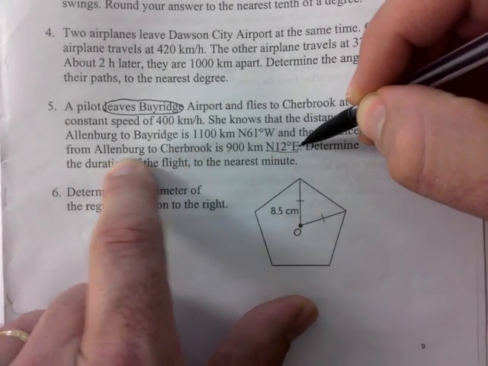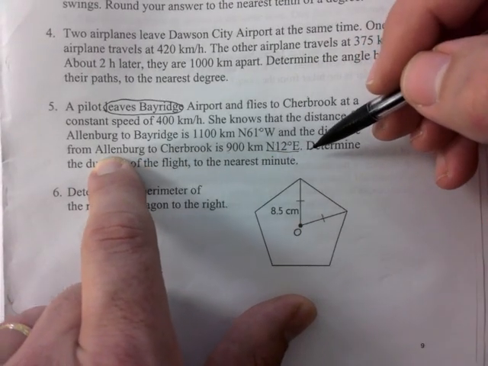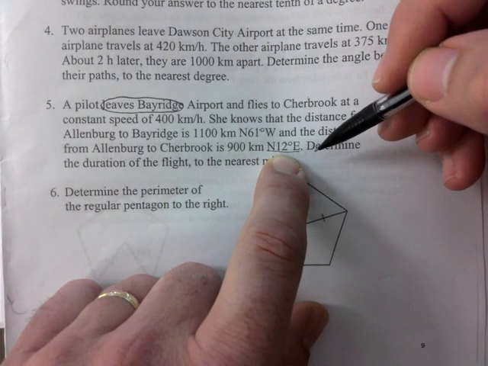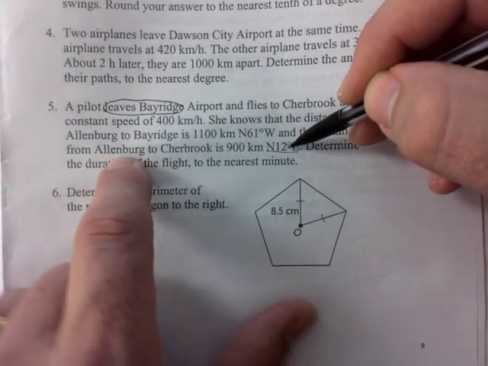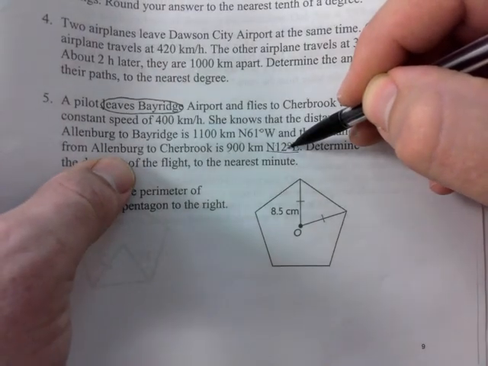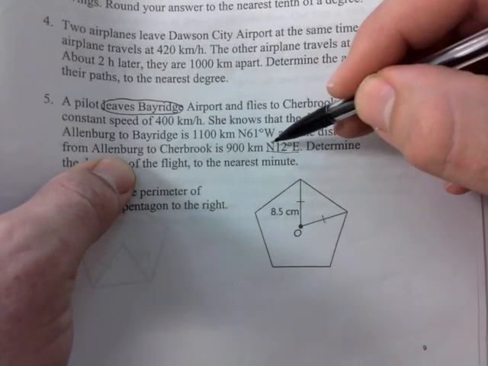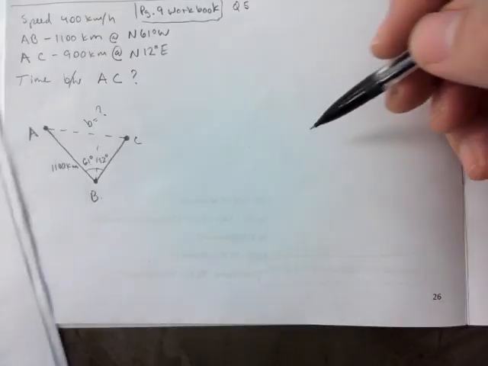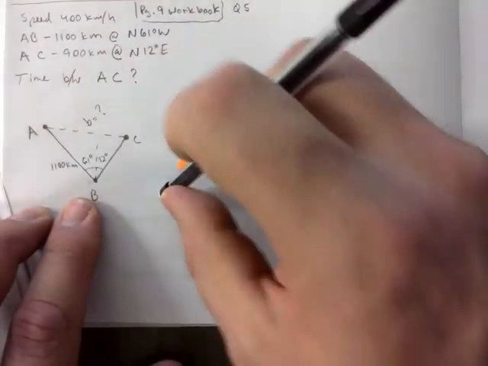Then they should have said from Allenburg to here is 900. Okay, I get it. I think this is what it's saying here. That looking out from Allenburg, it's 900 kilometers north 12 east. Looking out from Allenburg. So technically, allow me to do this.